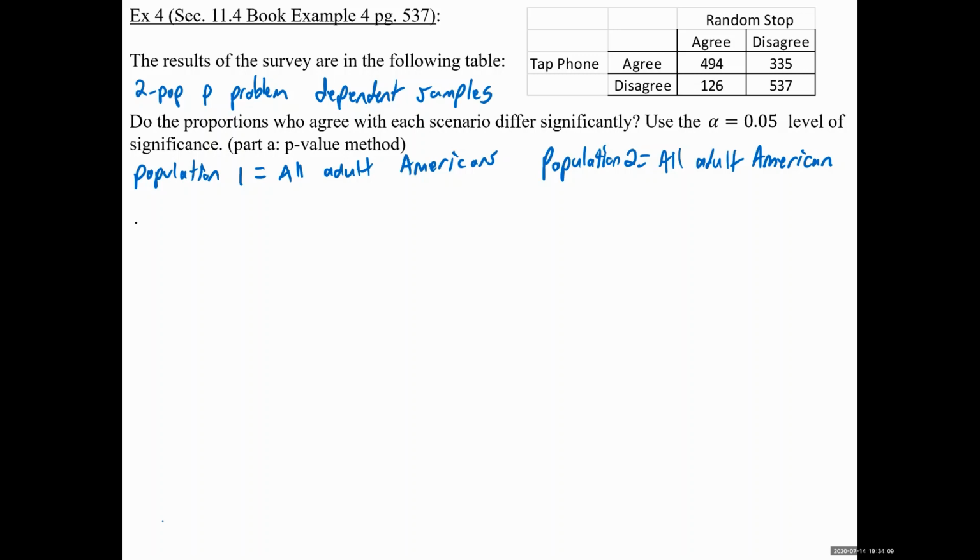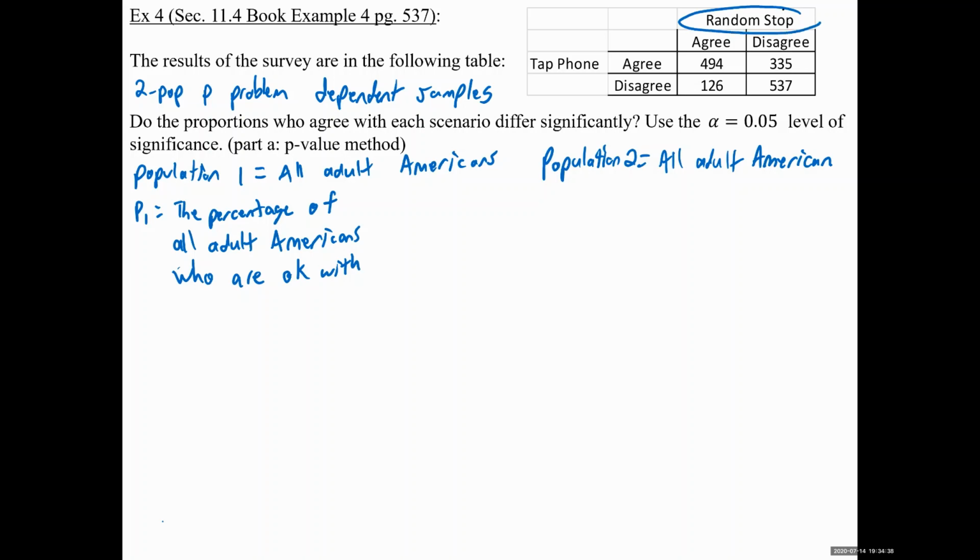Then you're going to write down the population parameters. P1 is the percentage of all of these people, okay? So of all adult Americans who are okay with, okay. So P1 is always going to have to do with the top one.